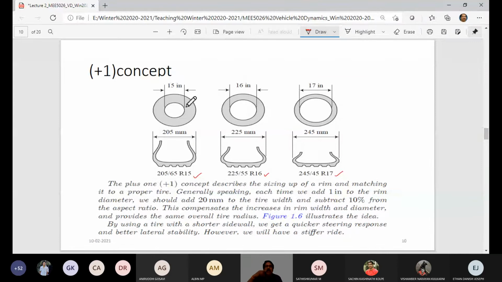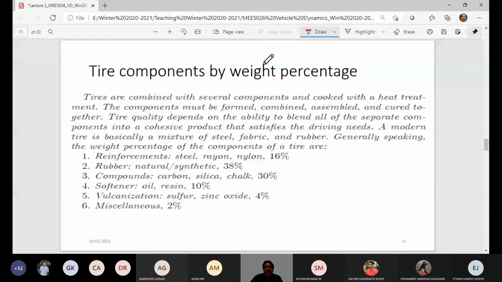And then you look at tire components by weight percentages. So we are talking about reinforcements. What is required for carcass? That can be steel, rayon, nylon. So that would constitute 16% of the weight of an entire tire. And rubber, which can be natural rubber or synthetic rubber, would take this much portion. So rubber's contribution is the highest compared to the remaining.